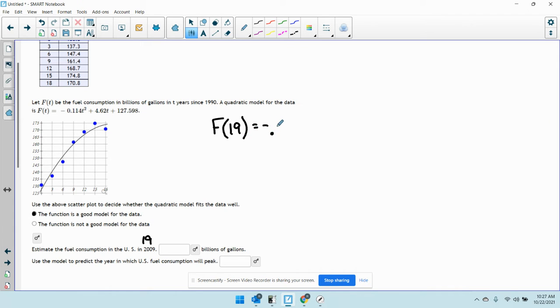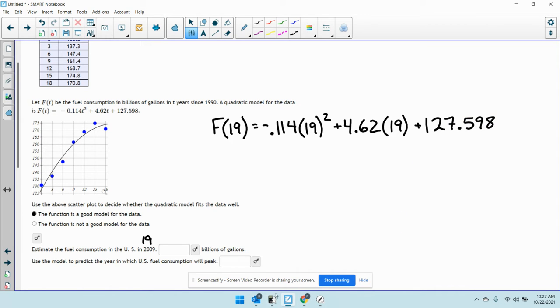just by doing the following: negative 0.114 times 19 squared plus 4.62 times 19 plus 127.598.